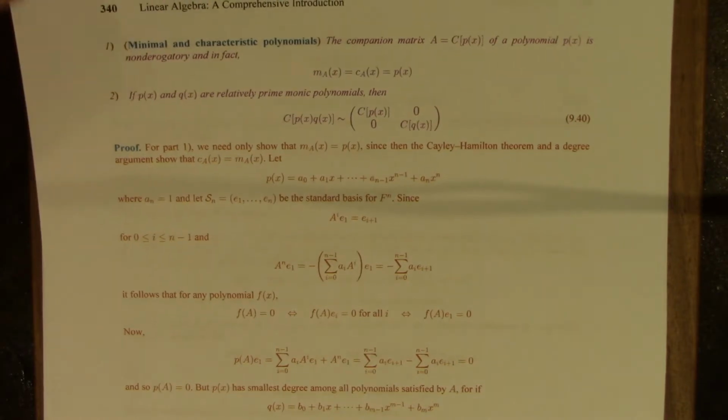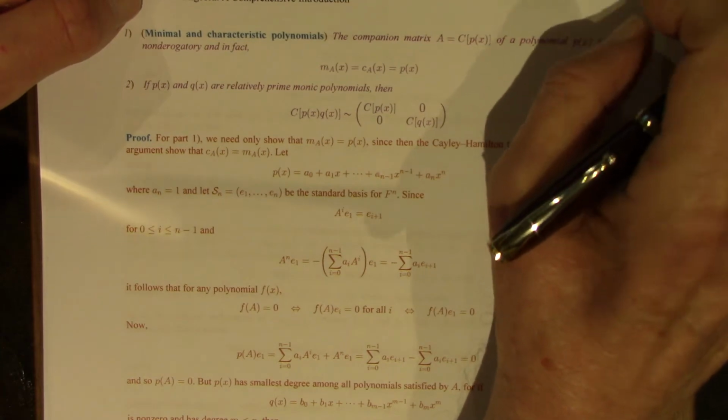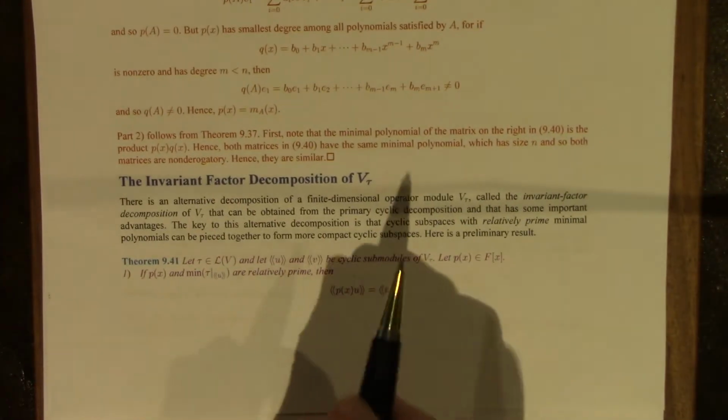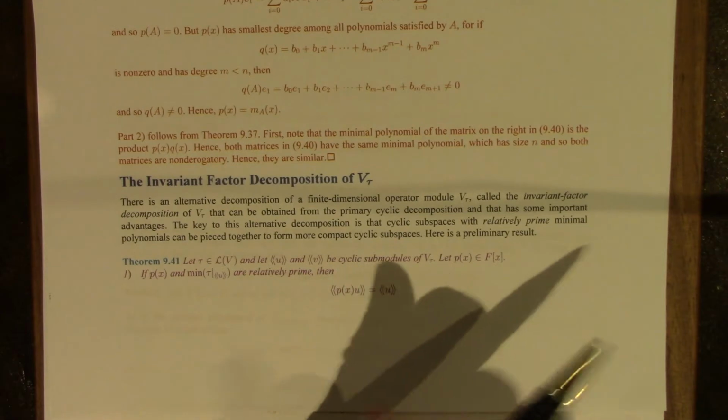There is an alternative decomposition to the primary cyclic decomposition, and it is called the invariant factor decomposition of an operator module.